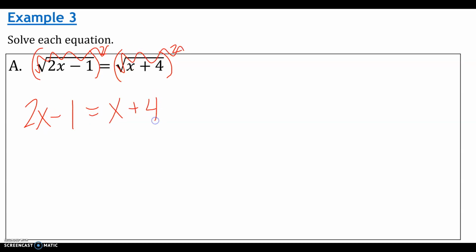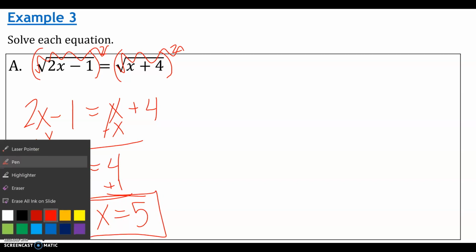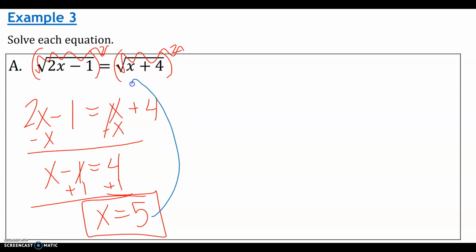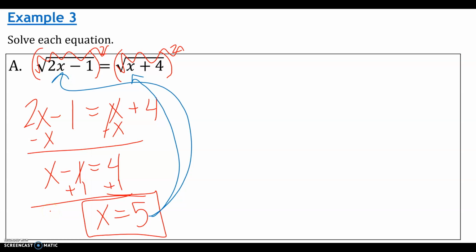But the only thing is you just have x's on both sides, which is no different than a normal equation. So solve for x. So I'm going to subtract x. I get x minus 1 equals 4. Add 1. Looks like x equals 5. And if you were to plug x equals 5 back into the problem, you would get an equivalent equation.